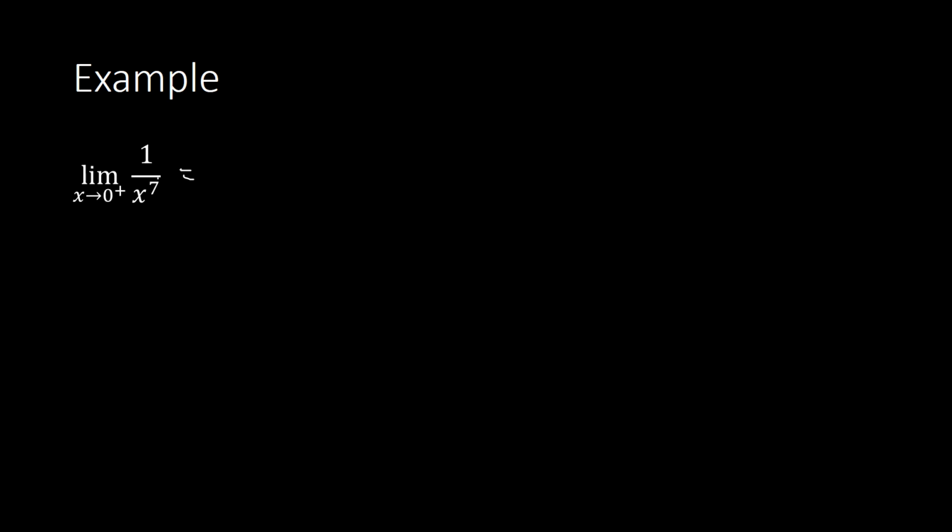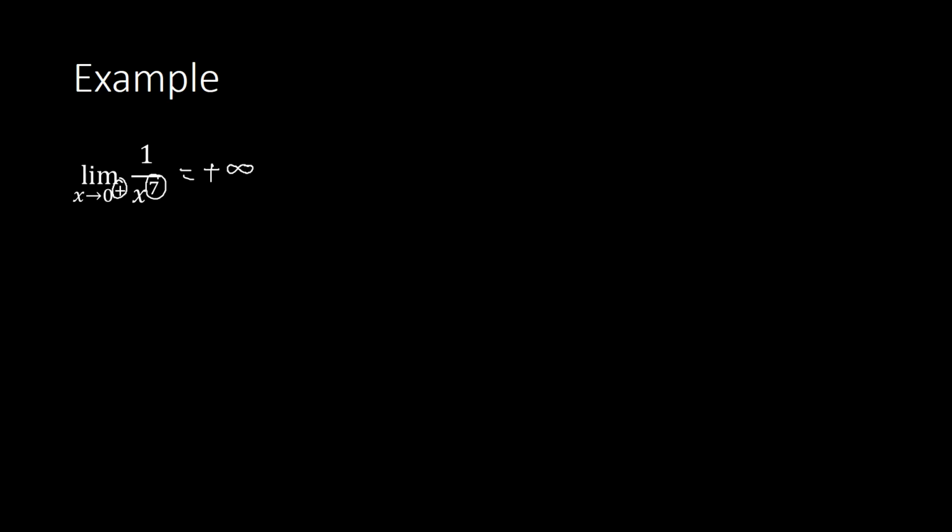For this one, we've got odd because that's 7. For the odd, we have possibilities: it could be either positive or negative, but this is coming from the right side, and this is an odd one. So automatically, this is a positive infinity.